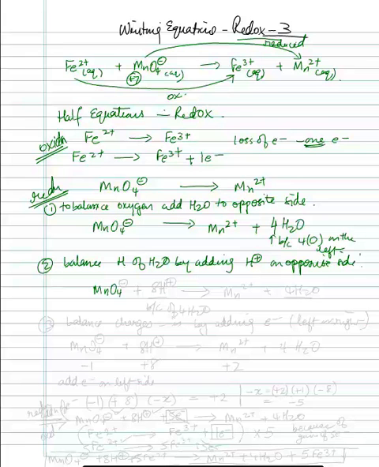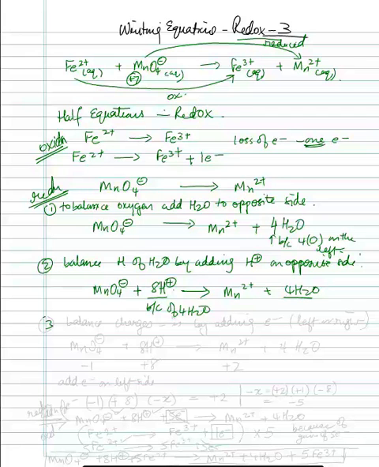First MnO4-, and then I have a plus, because I have to add the H's, and then Mn2+ plus 4 H2O. That is still there. And now because I have 4 H2O, I have to add 8 H+. So now I have 8 H+.